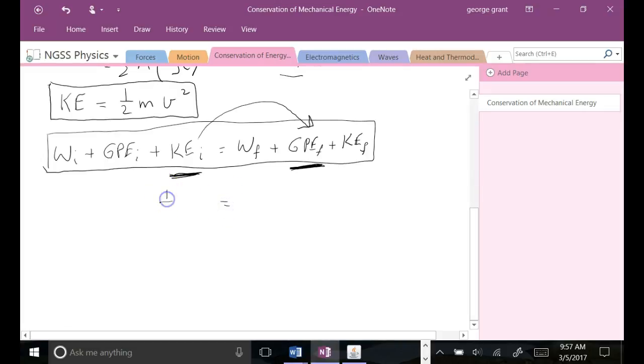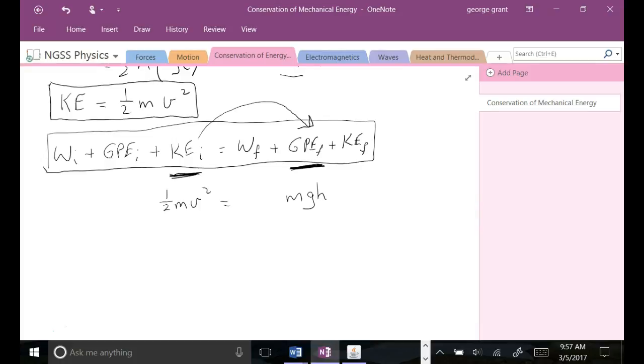So this is 1/2 mass times velocity squared is equal to mass times gravity times height. Now, interestingly enough, I don't have to know what the mass of the object is.